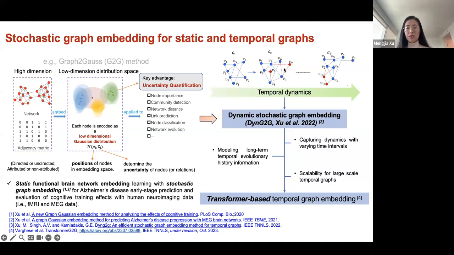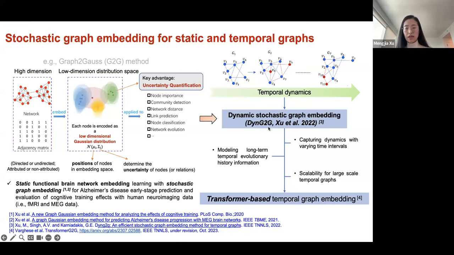We can see some newly added nodes, shown in red here: V8 and V9, and also V10 and V11. And sometimes there are also new edges and removed edges and so on. The first work we published in 2022 in the journal TNNLS, on the dynamic stochastic graph embedding method.